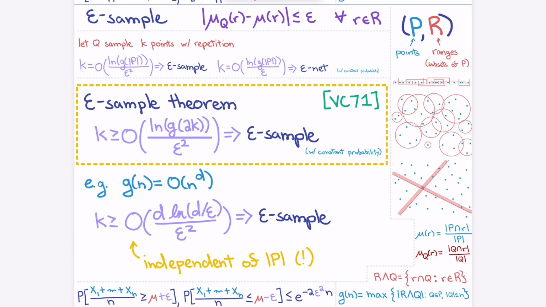That's right. I'm not sure how much is hiding in the big O, but that's right. I think the big O is probably like 4 or something, because I think you're just coming from the additive Chernoff bound. I can't promise that my lecture notes do 4, but that's okay. So you can see why this is appealing to machine learning, right? Because P is supposed to be an infinite set of data samples, you want to generalize to everything.